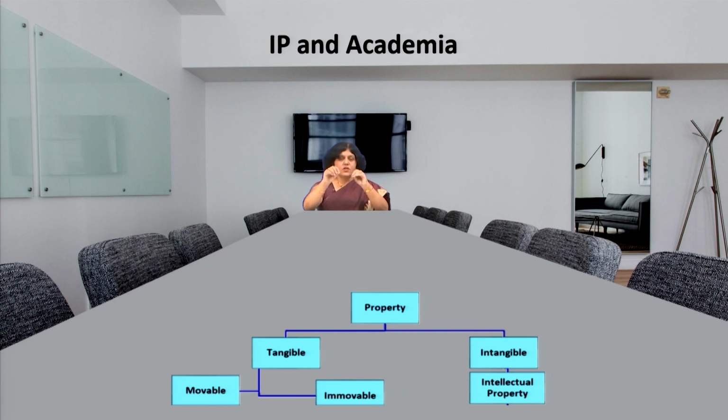Why are we focusing on the details of intangibles, intellectual property, and its types? Because many times, if you watch the news on TV or read the newspaper, they use the terminologies very interchangeably.